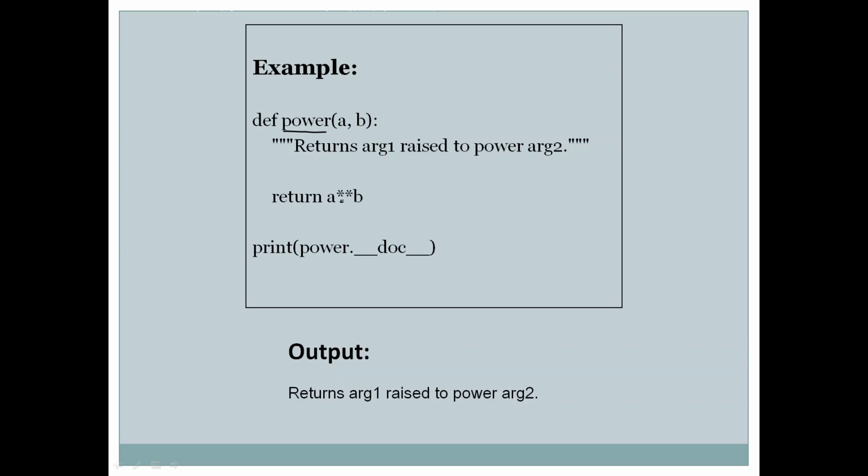Into in Python it simply means raised to b. And if you want to access the docstring, you can say power, that is the function name, dot underscore underscore doc underscore underscore, or as I've said, we can even use the help function to access the docstring. The output of this, you can see, returns arg1 raised to power of arg2.